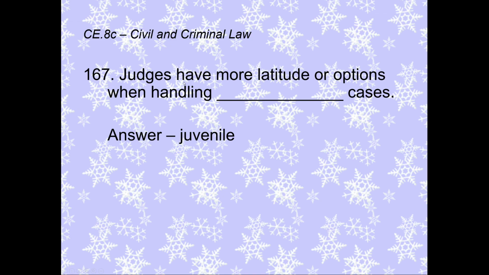They're going to have a little bit more leeway instead of having to follow, well, he committed this crime, he must go to jail for a minimum of 5 years. If you're an adult, yeah. But since you're a kid, you're a juvenile, you get treated with kid gloves, and they're like, all right, you made a dumb mistake. We're going to send you to community service, 200 hours, instead of jail.